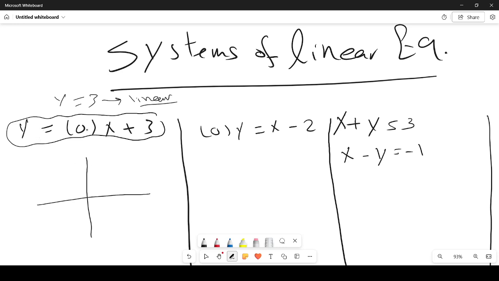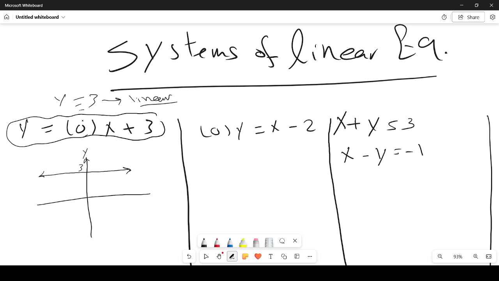Zero multiplied by x is zero, so the final equation will be y equals 3, and it will be presented on a graph by a line parallel to the x-axis, where the value of y is 3.